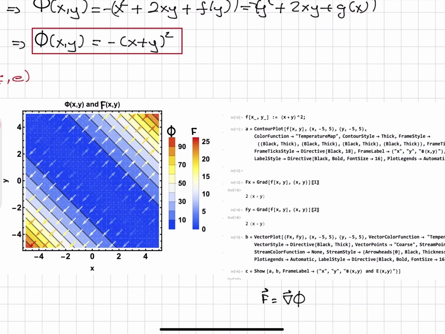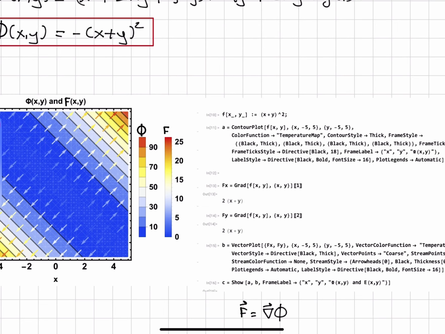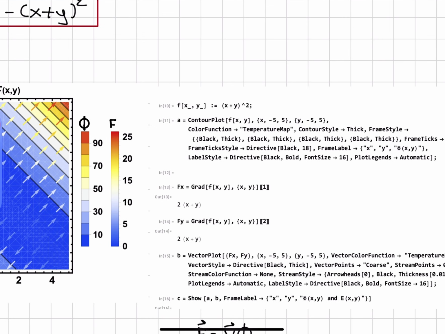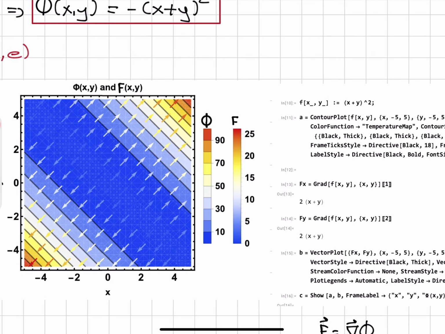So with that, I obtain the contour plot of the potential, scalar potential, in between minus 5 and plus 5. And you can see the constant potential surfaces on this plot.